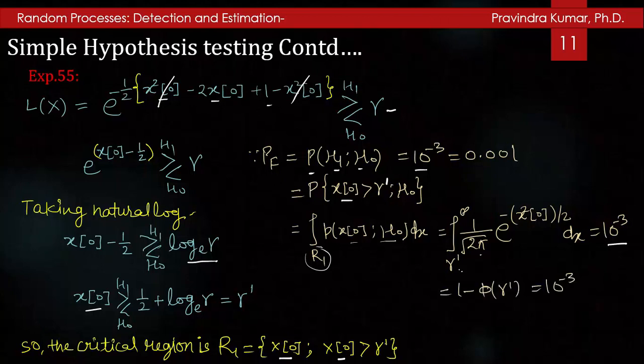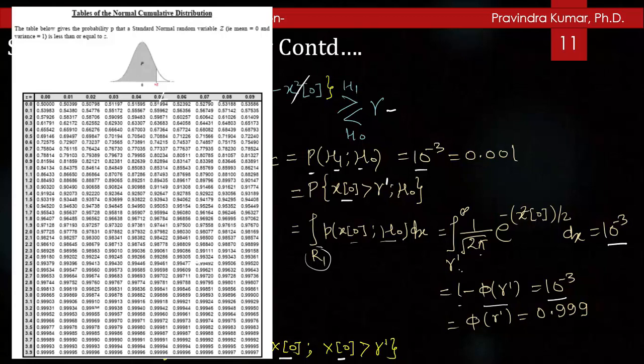So this is equal to 1 minus the cumulative distribution function phi of gamma dash, which is 10 to the power minus 3, so phi of gamma dash will be equal to 0.999. From the cumulative distribution table you can see the gamma dash will be approximately 3. So the value of the new threshold gamma dash is 3.